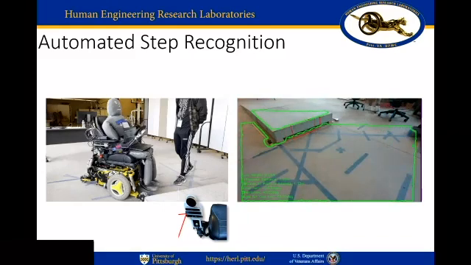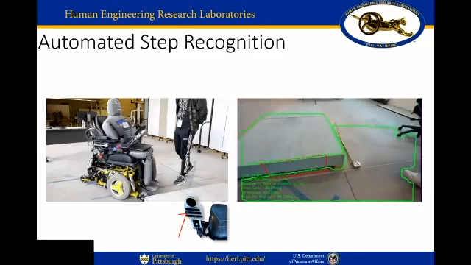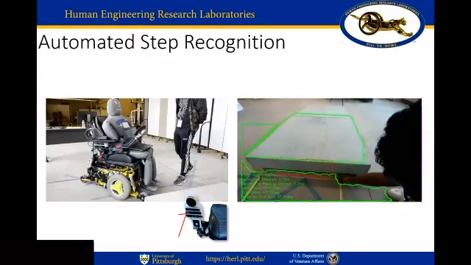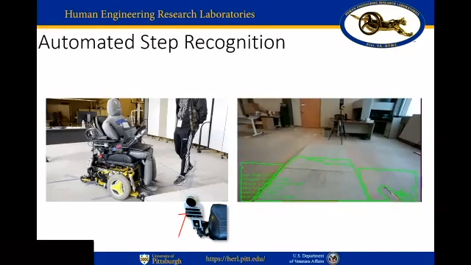The idea is to detect the curb using a stereo vision camera, and then the chair will alert the user whether they want to go over the curb or not, just to have a confirmation from the user. And if the user decides to do that, then the chair will take control over the process. That's the whole idea: you detect the curb, and then the chair will automatically try to go over the curb.